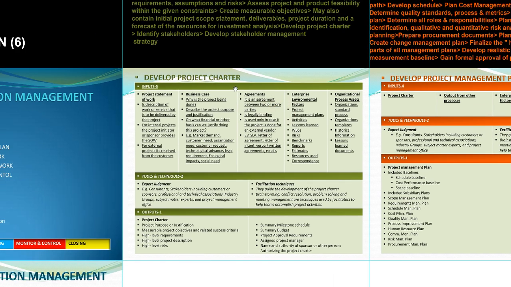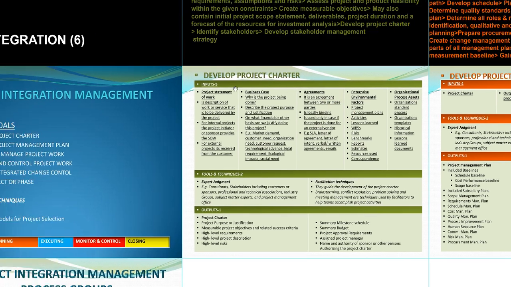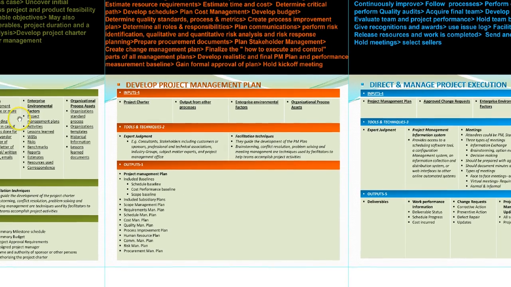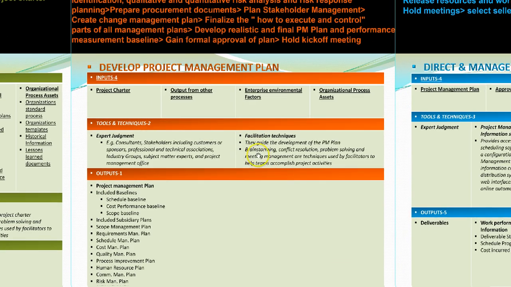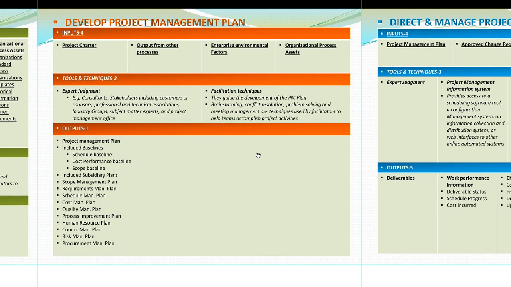The next process in project integration management is develop project management plan. Now we have 4 inputs, 2 tools and techniques, and 1 output in develop project management plan. Now this was process number 2, so we are left with 4 more.